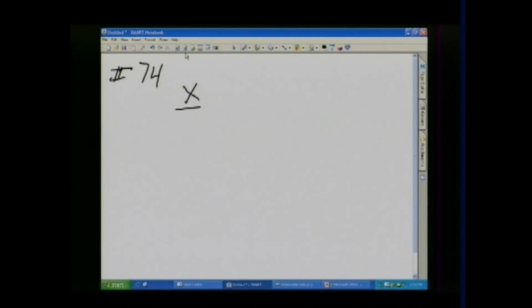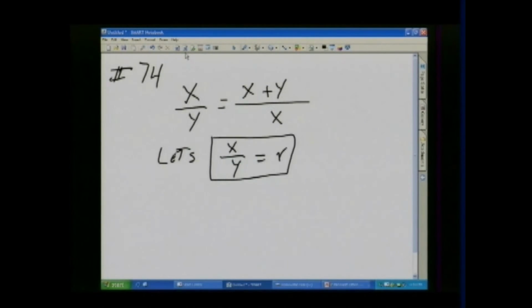X divided by y equal to x plus y divided by x. And then, as you can see, they solved for r. Let's assume x divided by y is equal to that ratio we are talking about, is equal to r.